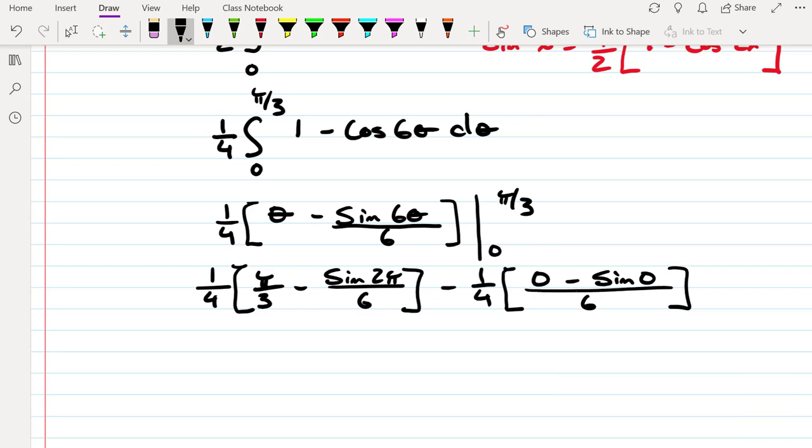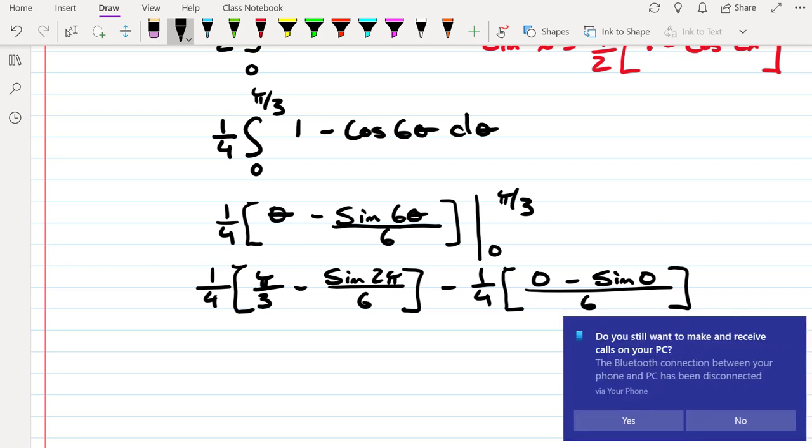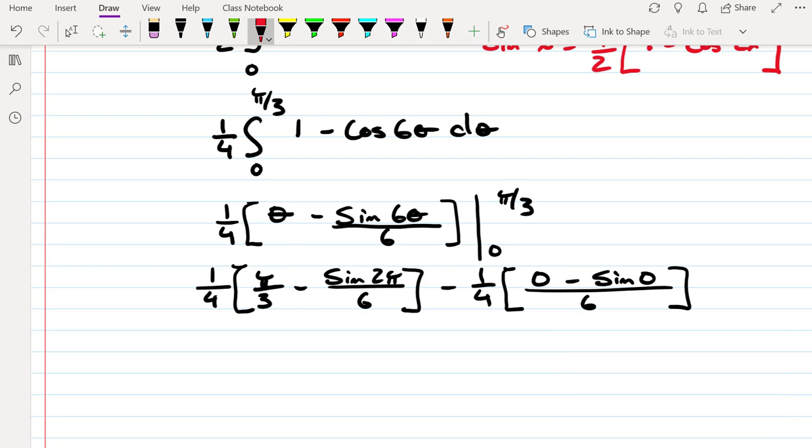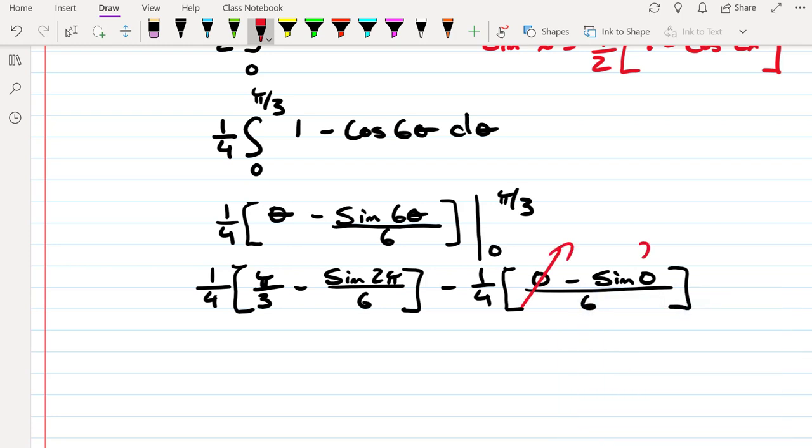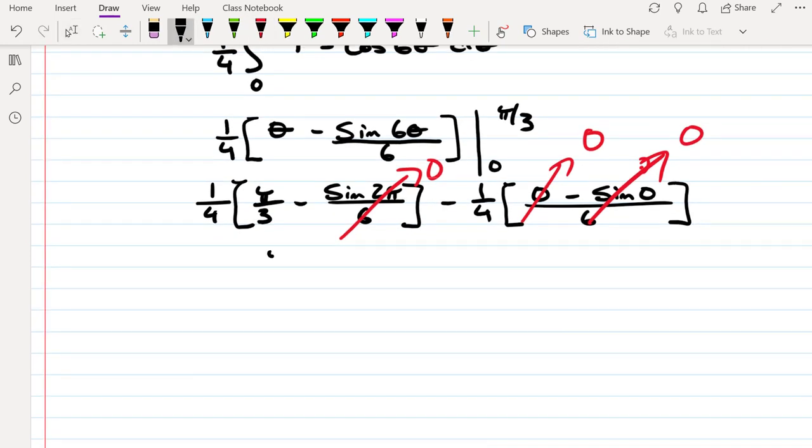And that gives us a whole bunch of zeros once again. So all of these being 0, and sine of 2 pi is 0, gives us pi over 4 times pi over 3, which gives us pi over 12.